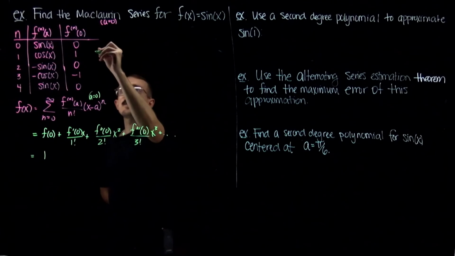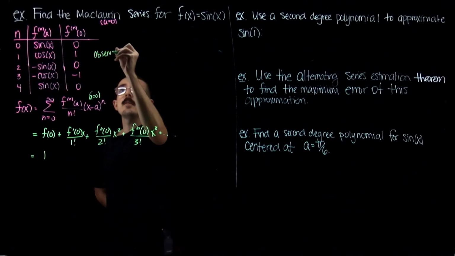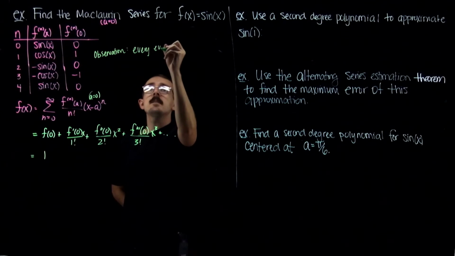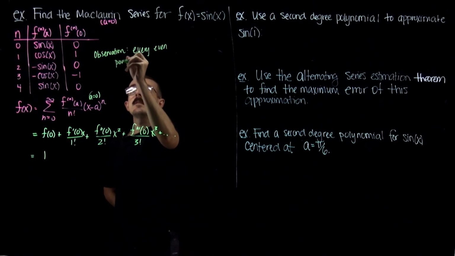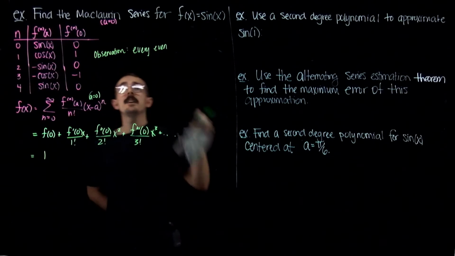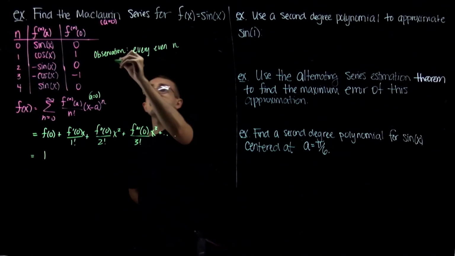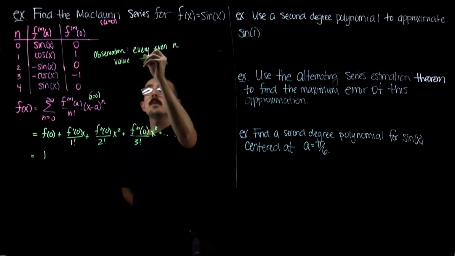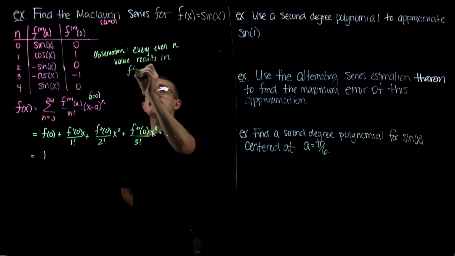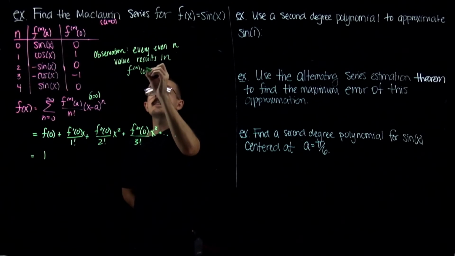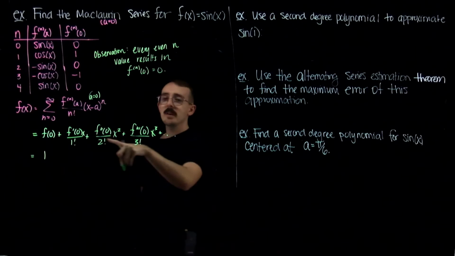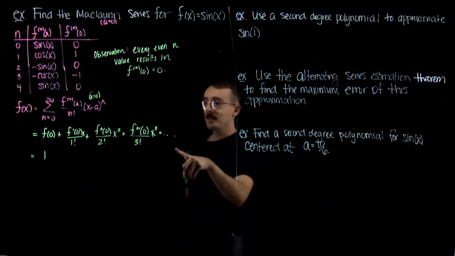So the observation that you should be making here is that for every even n value, the nth derivative at 0 will be 0. So what happens is we lose every single one of the even power terms.